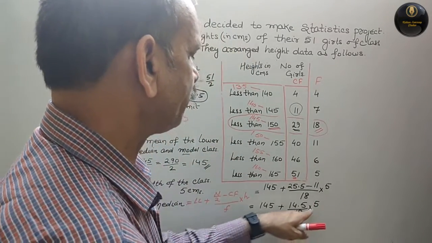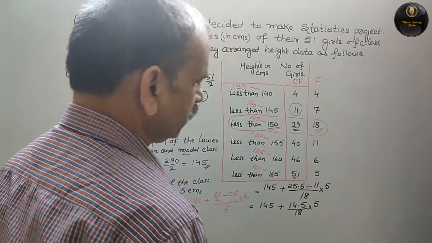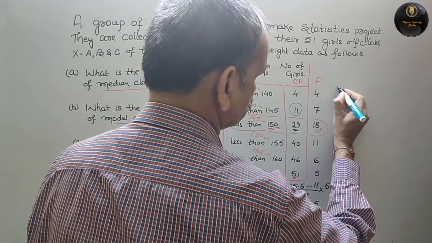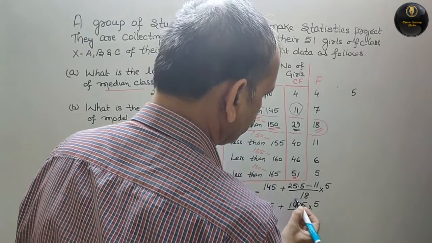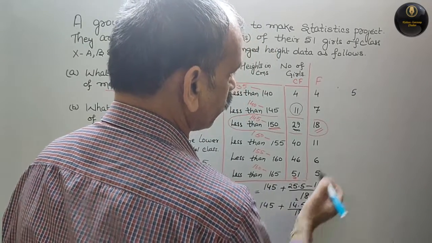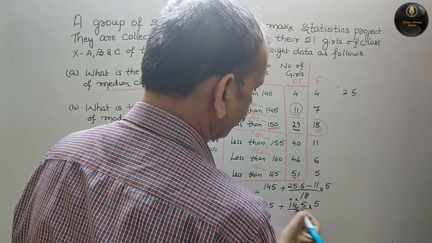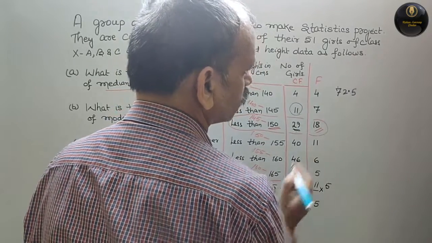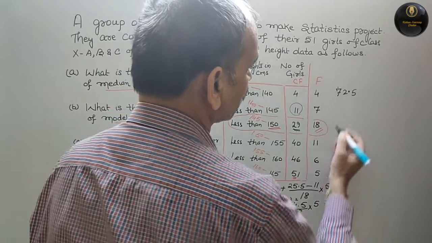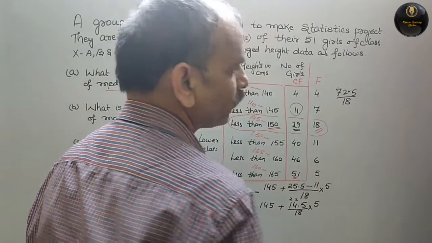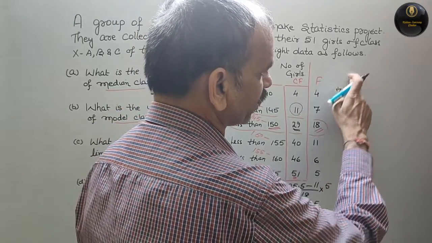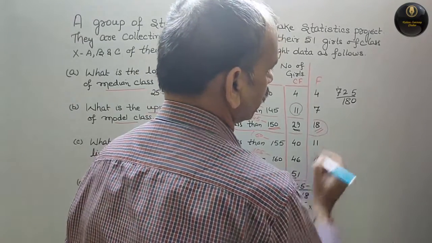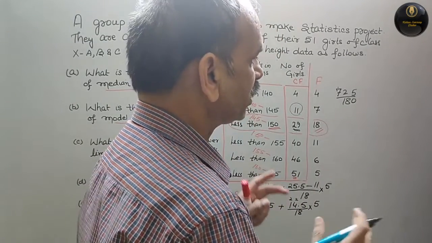So if you multiply with 5, what we will get? 14.5 into 5. 5 fives are 25, 20, 22, 2 carry, 5 and 7. So it will be 72.5 by 18, sorry. Now we will take out this point. If you take out that point, the 0 will come at the down. So 180. Now just divide it.